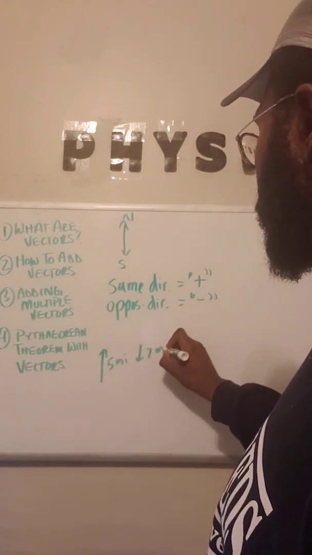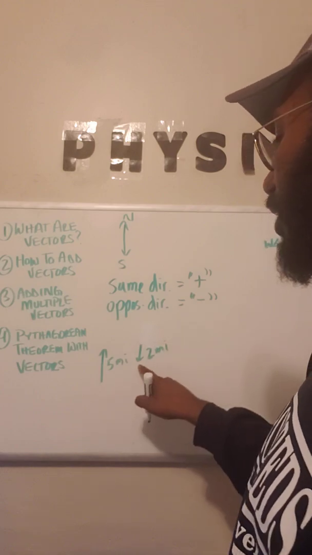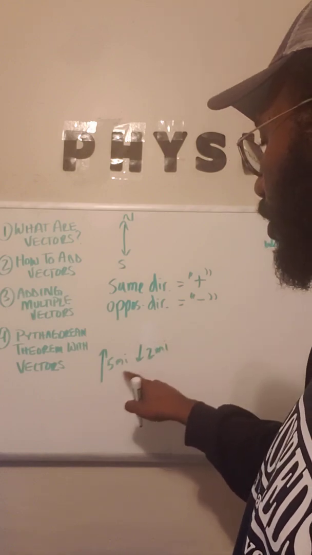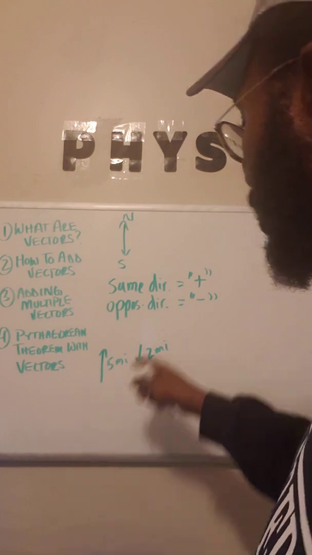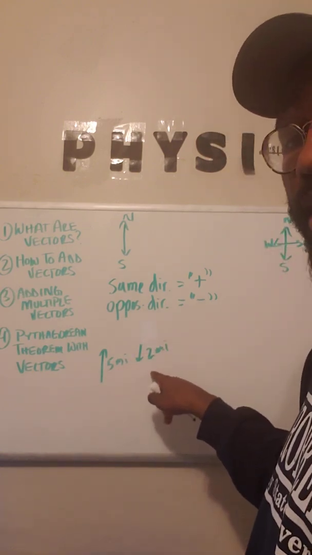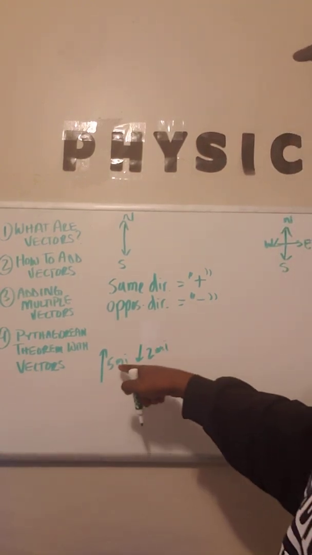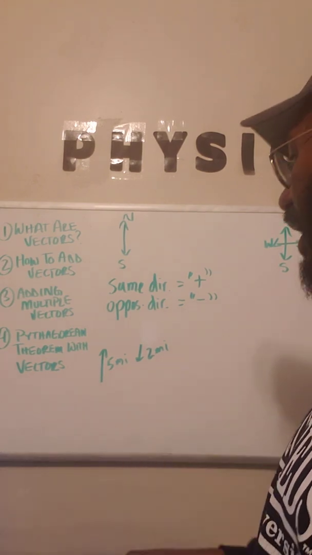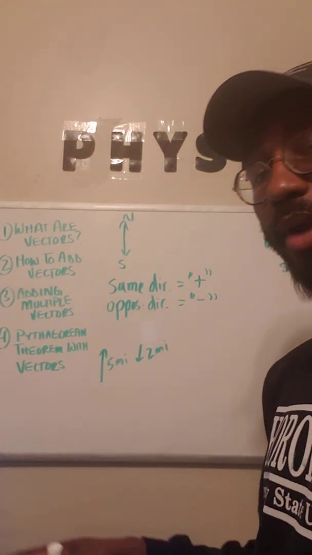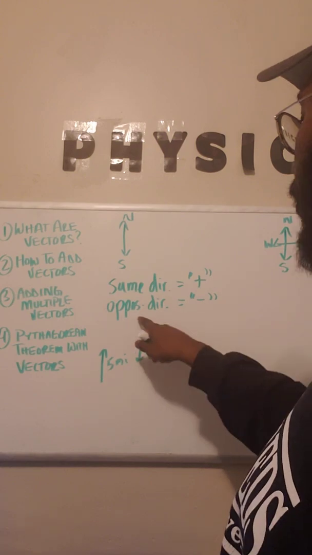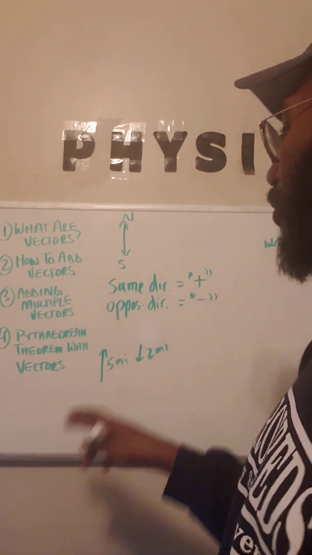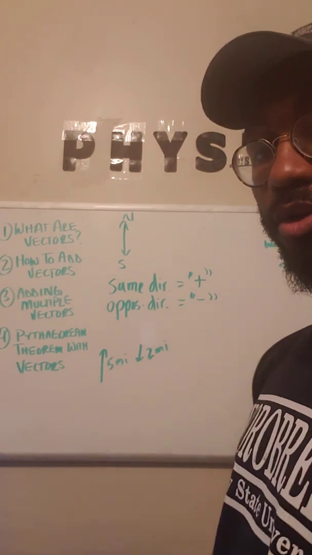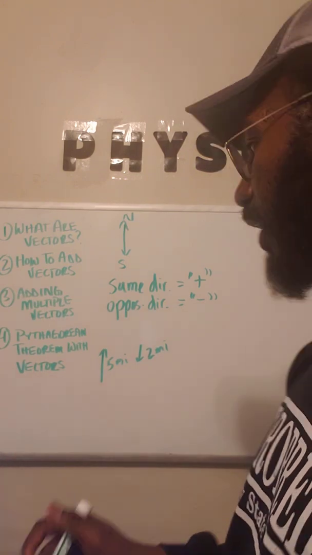Okay? So let's say we have a vector going 5 miles north and we have one vector going 2 miles south. Notice again how I drew the 2-mile vector smaller than the 5-mile vector because the length of my vector should represent the magnitude. Now these vectors are in opposite directions, so I'm going to subtract them. Whenever I do vector subtraction, I want to start with the larger vector. Always start with the larger vector.